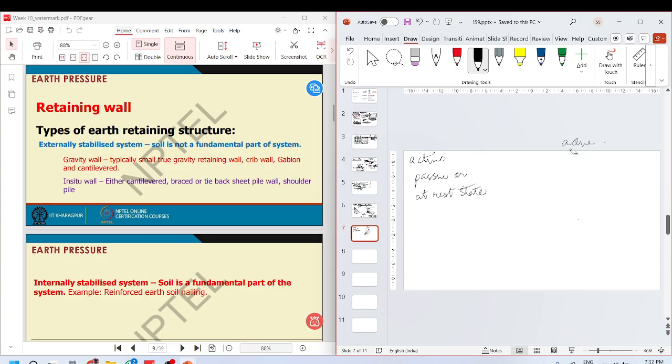So basically, what it means in geotechnical sense is at rest, as in there is no movement. Let me say that there is this building, there is this foundation, and let me say, for example, there is a pile foundation.